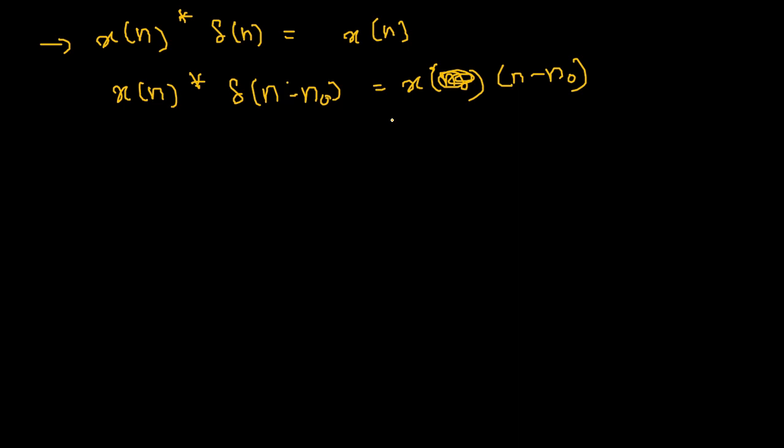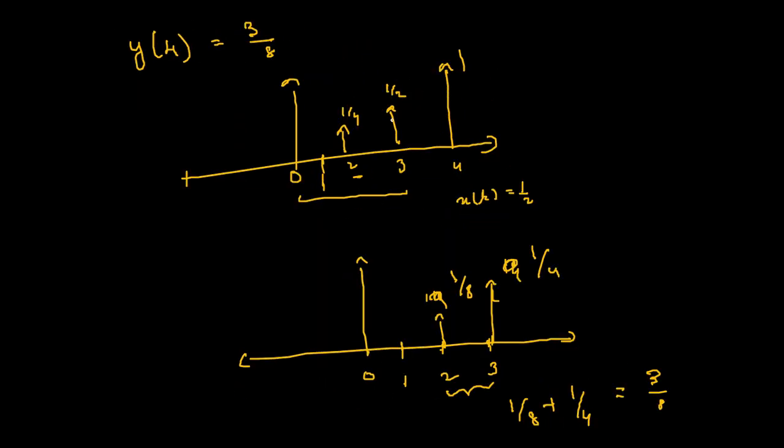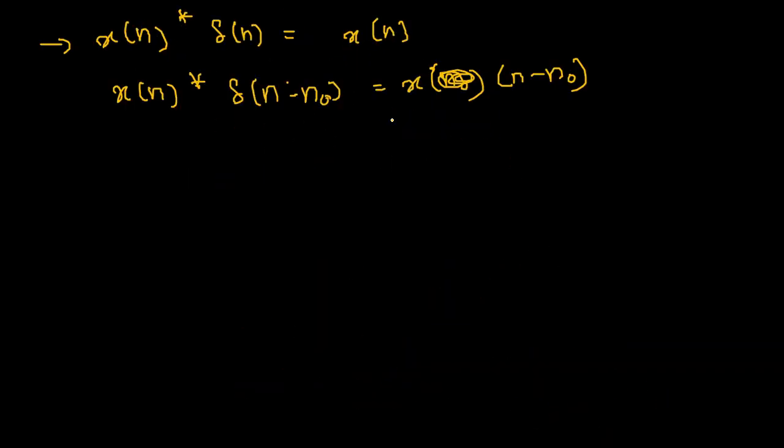Okay, but these properties I shouldn't say can only be used. I would say it's only suggested to use them if the input signal has very few values for which it's defined. So for example, in this previous question, the input signal was defined at 4 different points.